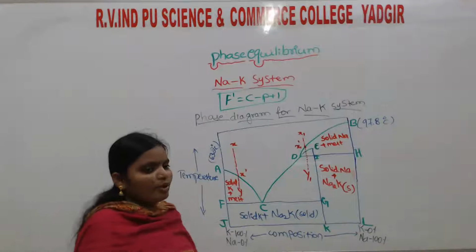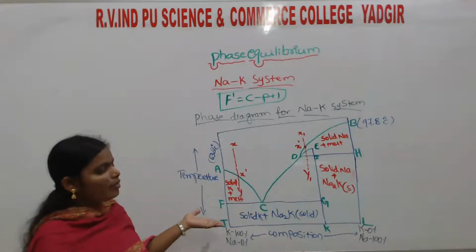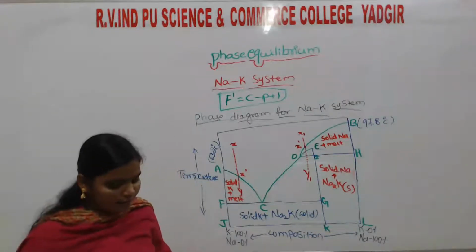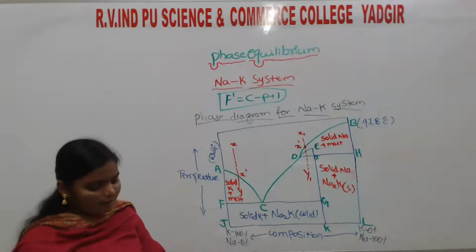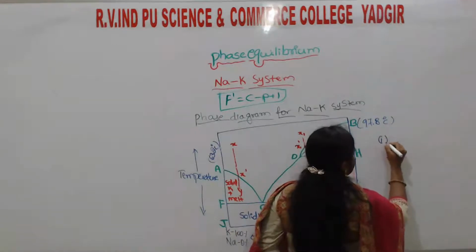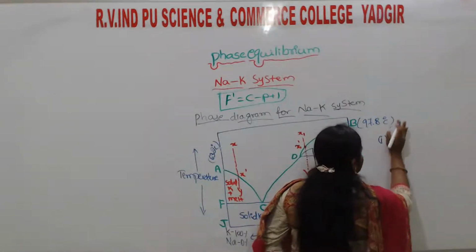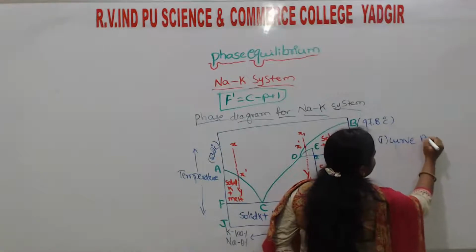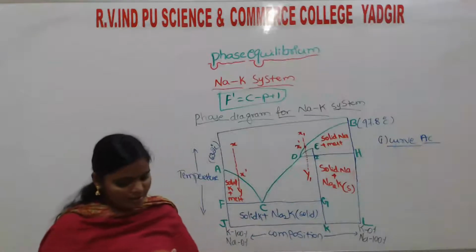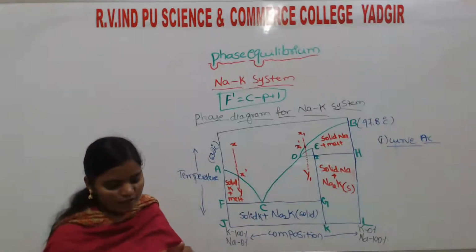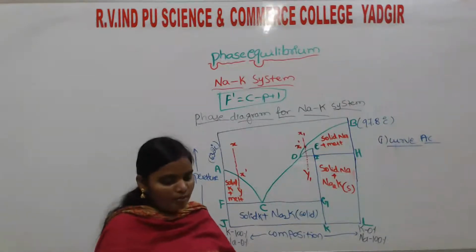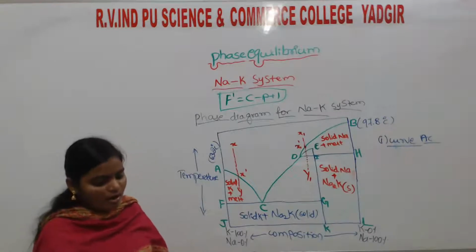For a phase diagram, you can consider first curves, points and areas. Here, the first curve I have taken is the AC curve. It represents the curve of depression in freezing point of potassium by increasing the amount of sodium.